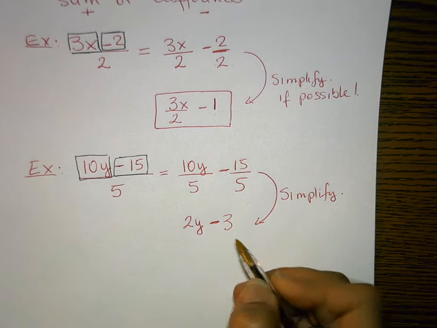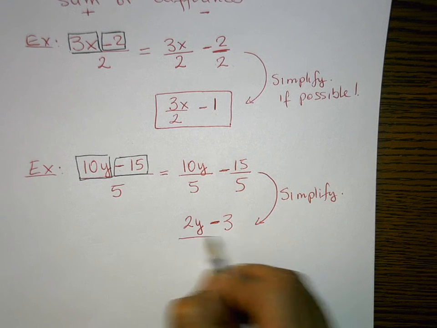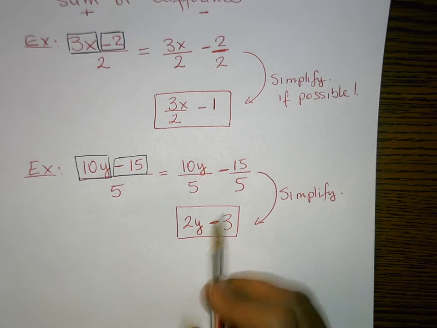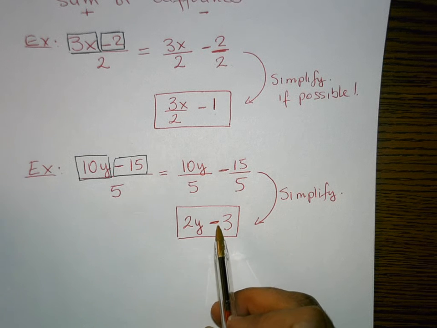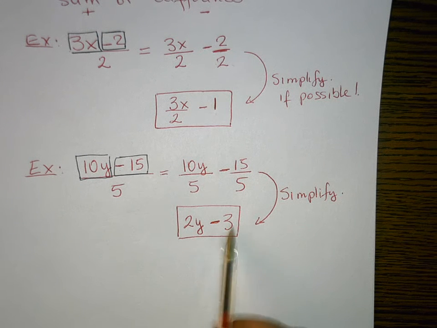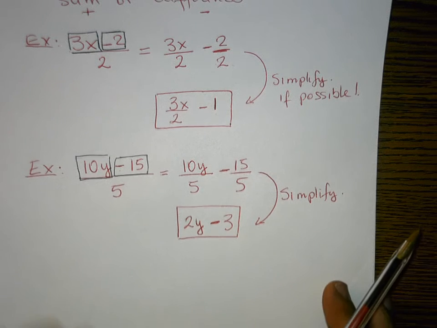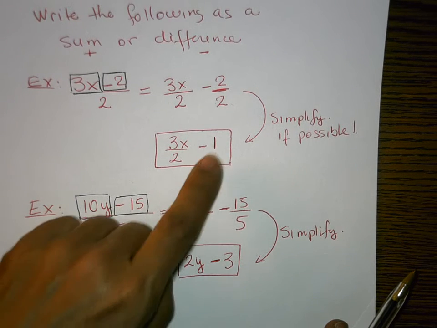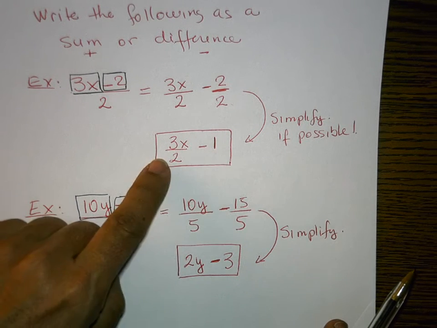And there we go. We completely simplified it. We rewrote exactly what they were asking us: rewrite as a sum or a difference. Here's my subtraction. A difference is written as a difference. So sometimes, as you notice here, one of them simplified, the other one did not simplify.